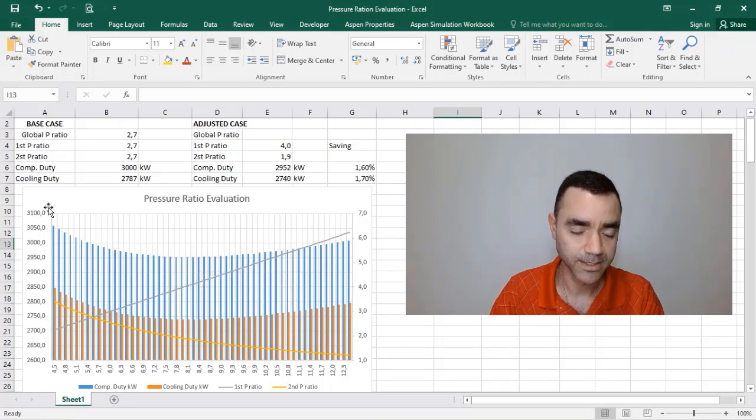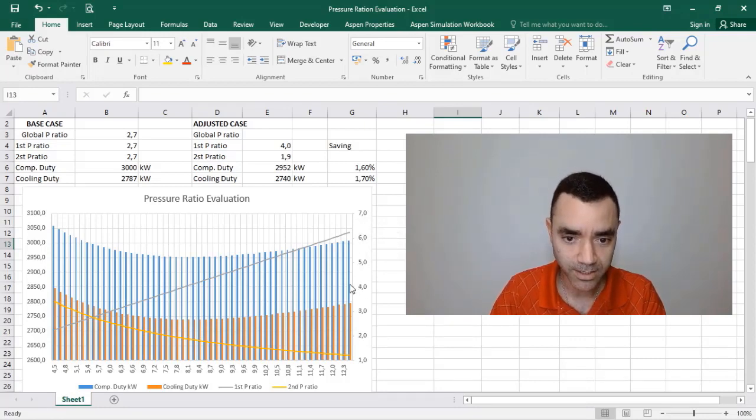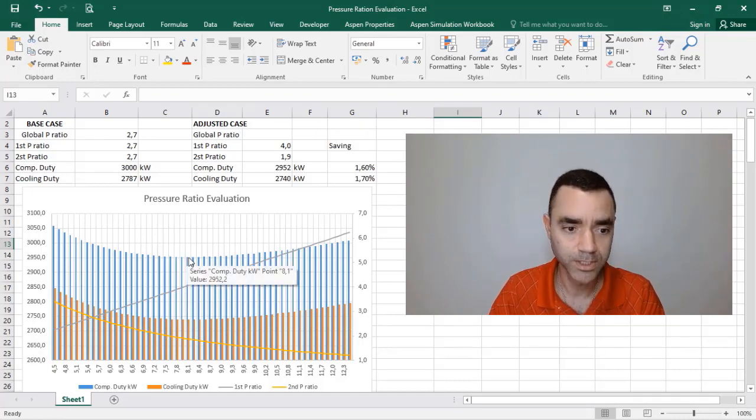So on the left side I have kilowatts units of measurement, and on the right side I have the pressure ratio units of measurement. So here if I go to 4 and cross with my blue bar, I get the lowest power consumption that gives around 2,950 kilowatts.